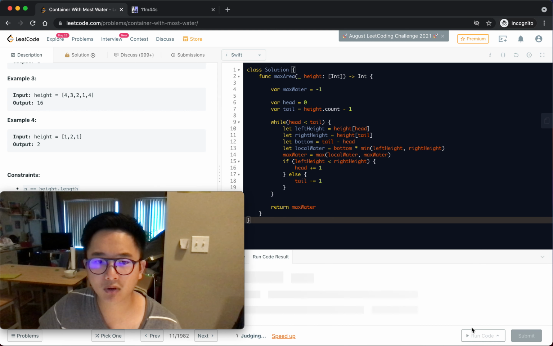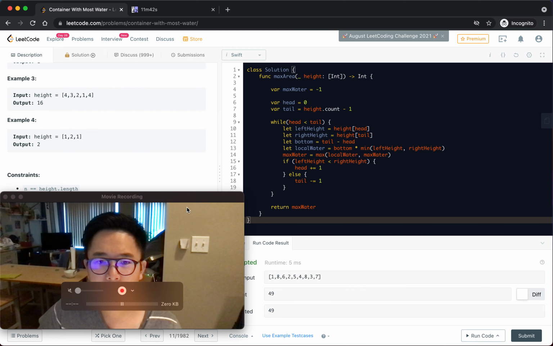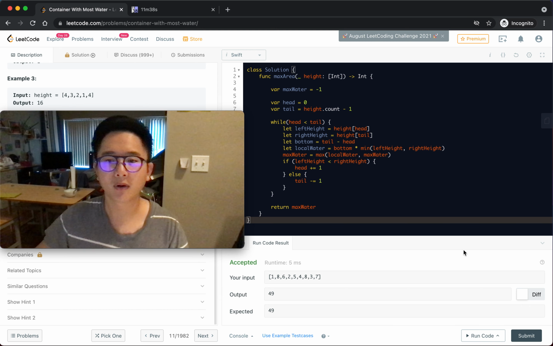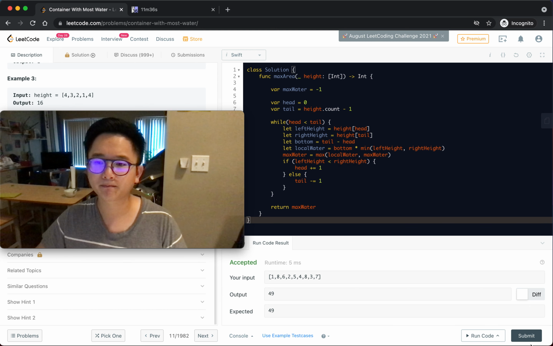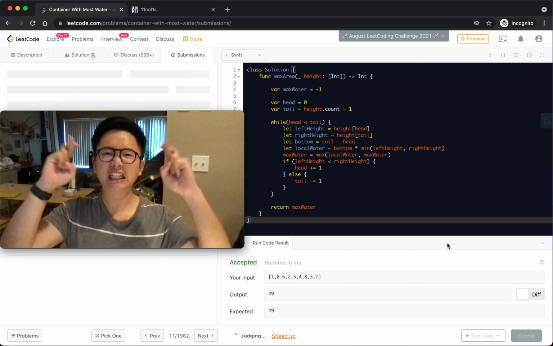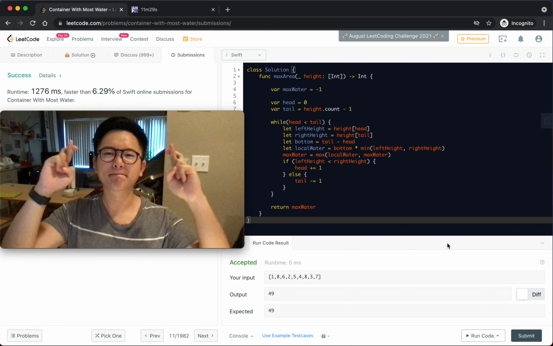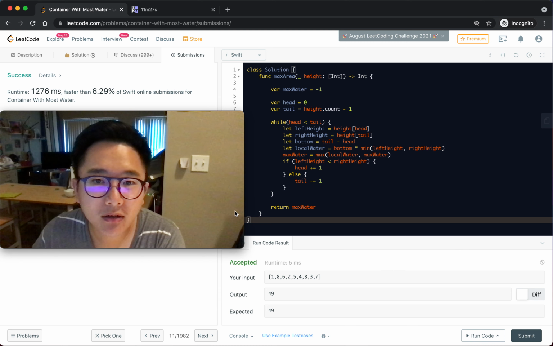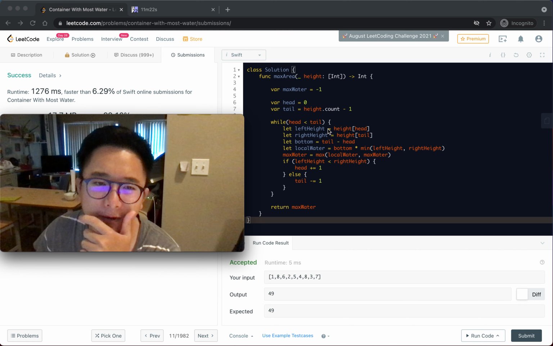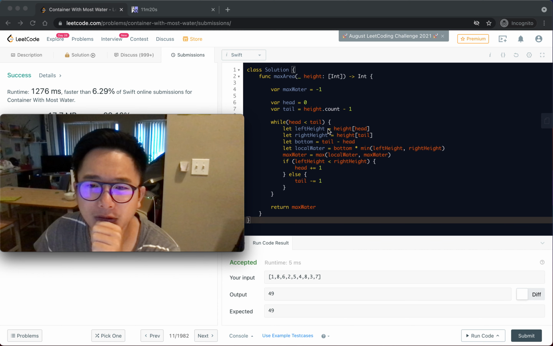Let's run the code and see if it's good. 49. Okay, all right, let's see if we can pass. Oh wow, but only faster than 6.29% of Swift online submissions. So I wonder what went wrong. Interesting.